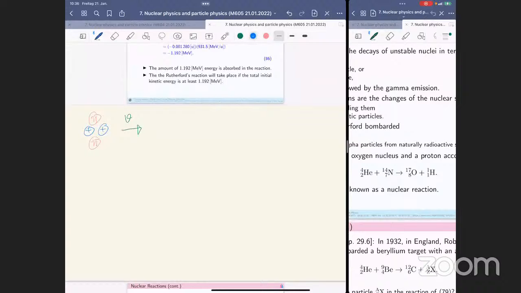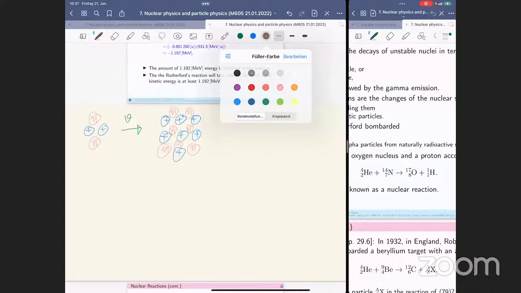So it means we have 7 protons, right? And 7 neutrons. That's the nucleus of nitrogen-14, 7.